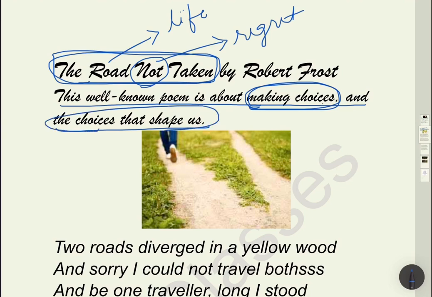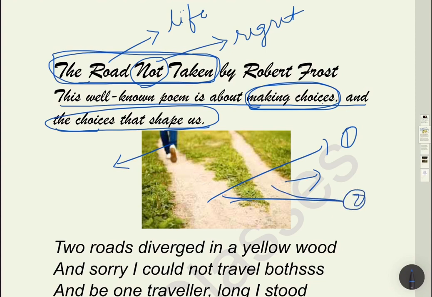Here there is one picture and in this picture you can see that there is one traveler and the traveler has two choices. This is choice 1 and this one is choice 2, and he wished to travel the first one. Now let us read the poem so that we would be able to understand it more.